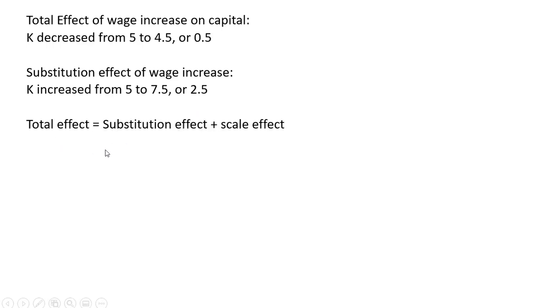And in terms of the total effect, we see the total effect, capital fell by 0.5. Substitution effect, capital increased by 2.5, so now we just need to solve for the scale effect, and that's going to be minus 3.